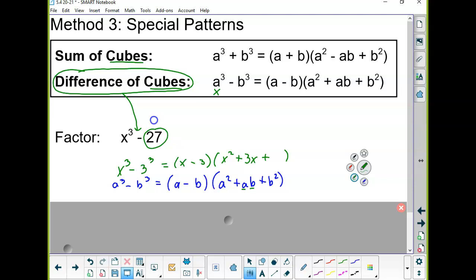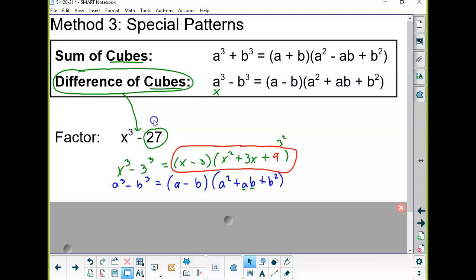B is 3, and then it says squared. So you could write 3 squared, but instead of 3 squared, we're going to call that 9. And here's the best thing about these patterns. You're done. And that's it. It's not bad. That is a completely factored form of the x to the third minus 27.